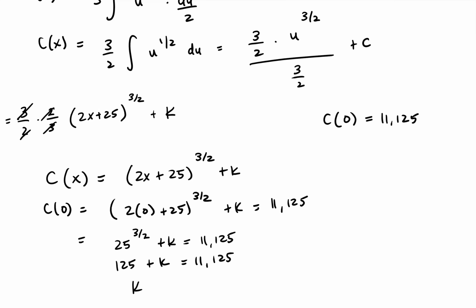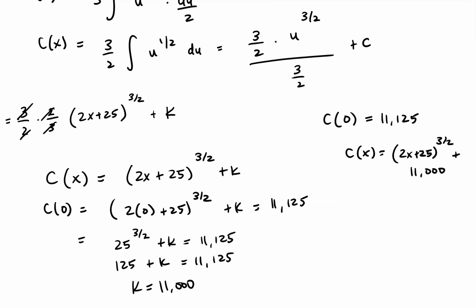Then if you solve that for k, you get k equals 11,000. So our final cost function is 2x plus 25 to the 3/2 power plus 11,000.